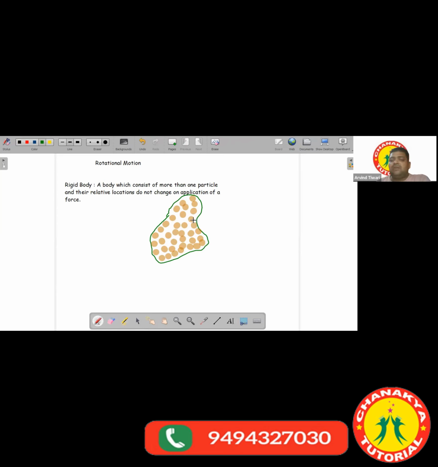Let's say I have the mass m1, the mass m2, the mass m3. Up to now, we have discussed how to find the position of the center of mass. In the last class, we discussed the center of mass. The position of the center of mass is found by the formula m1r1 plus m2r2 and so on, divided by M, which is the total mass.